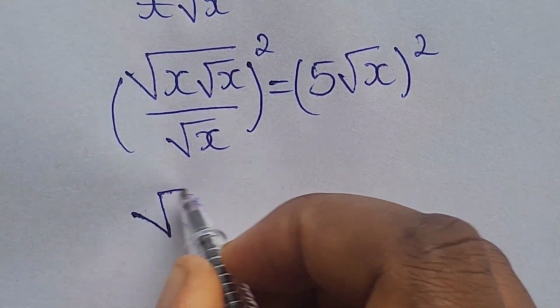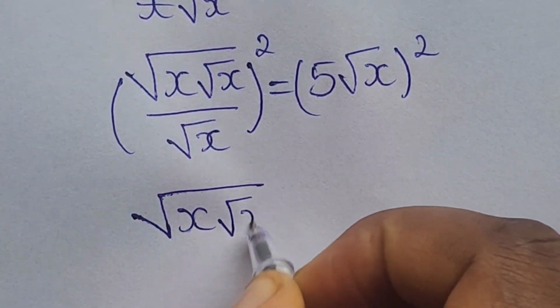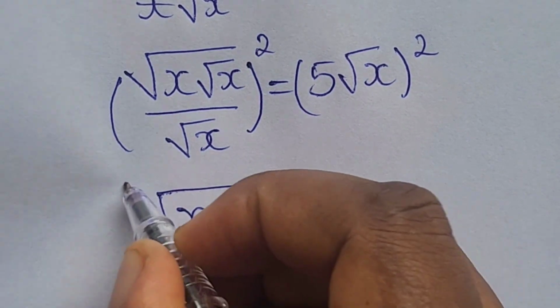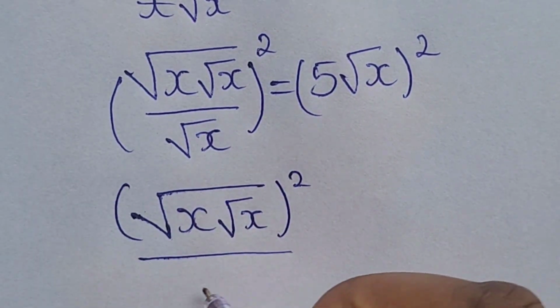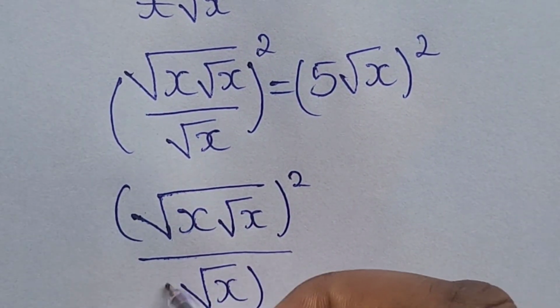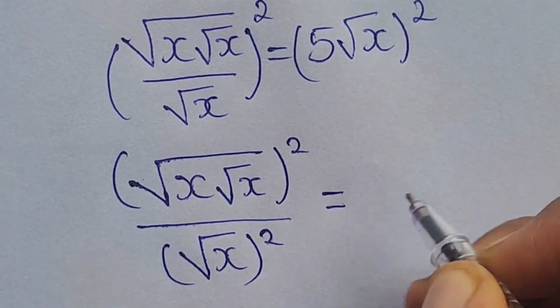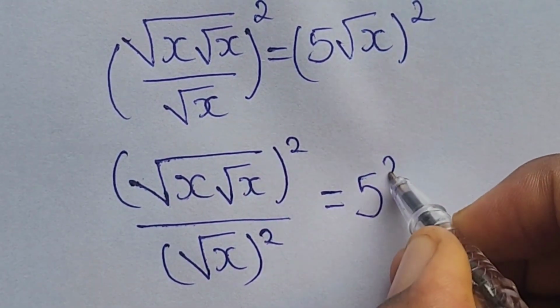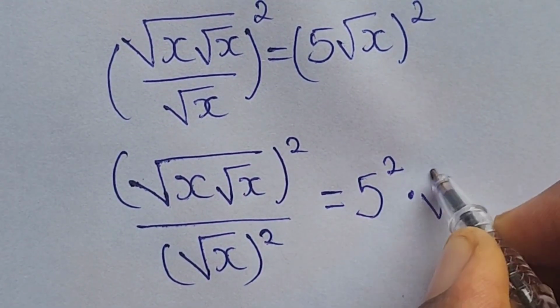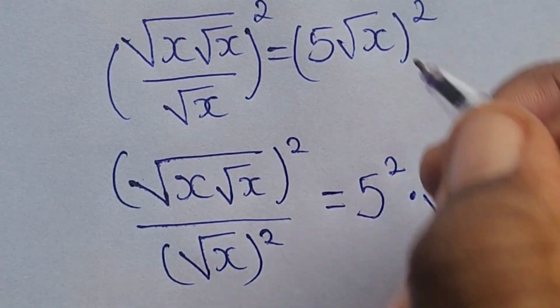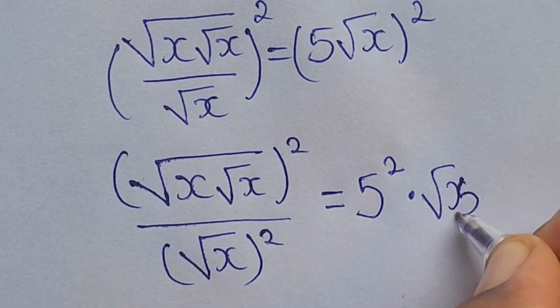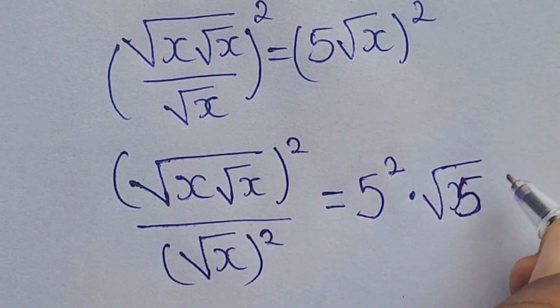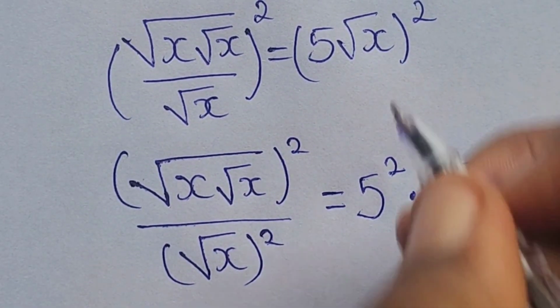to have the square root of x root x all squared all over root x all squared to be equal to, we have 5 to the power of 2 times root x. Okay, this is root 5 all squared.